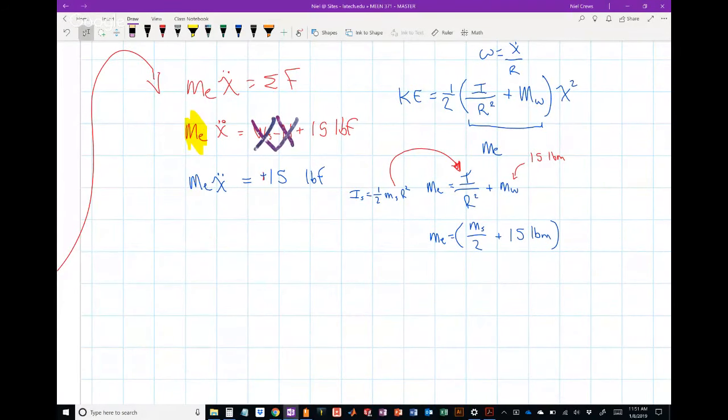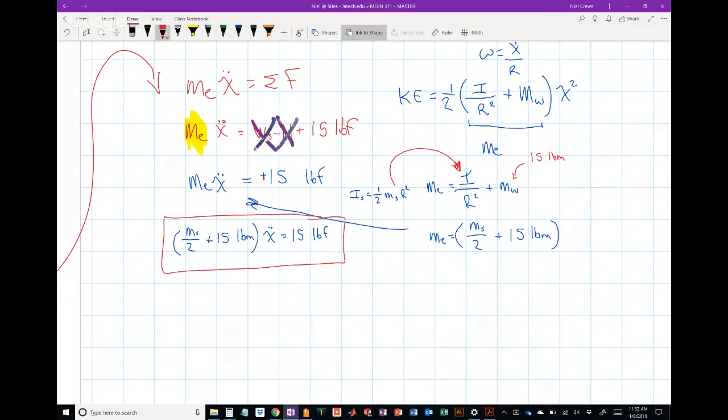We'll put that in here. The spool mass over 2 plus the 15-pound mass times x double dot equals 15-pound force. These are the same two unknowns: we've got an x double dot, and we've got the mass of the spool. We'll stop there.